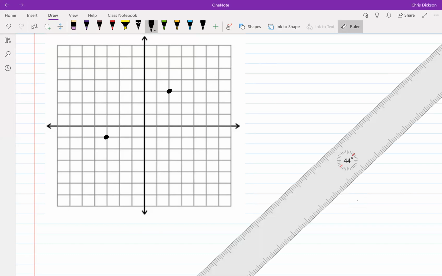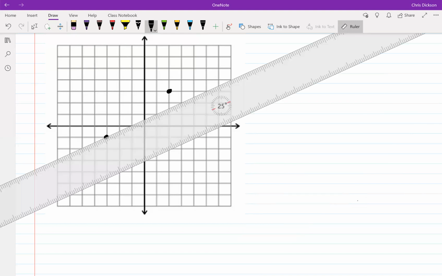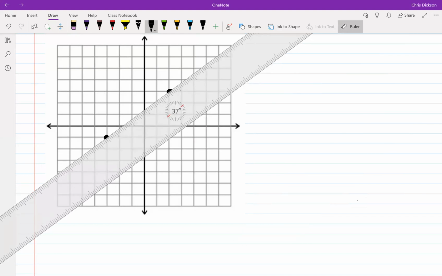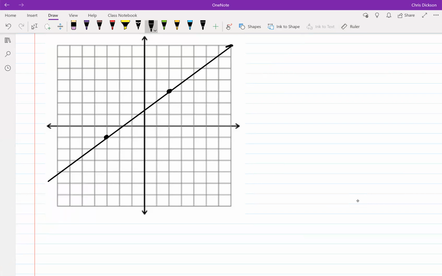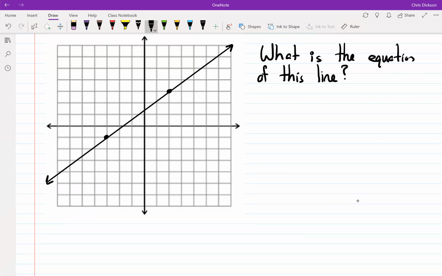And we draw a line and you're told to go through those points. So something like that, okay? And we're asking you, what is the equation of this line?